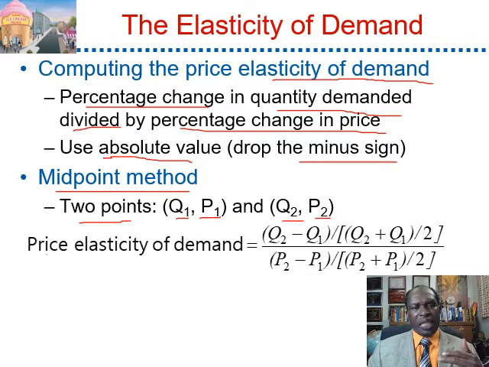Then the price elasticity of demand would be the difference of the quantity, Q2 minus Q1, divided by half of the sum of the quantities, (Q2 plus Q1) divided by 2, everything divided by the difference of the price, P2 minus P1, divided by half of the sum of the prices, (P2 plus P1) divided by 2.